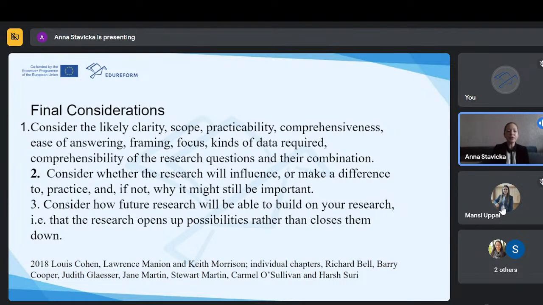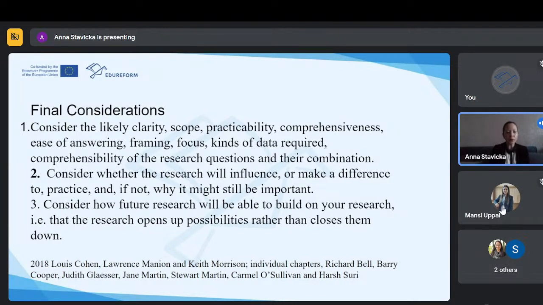Consider whether the research will influence or make a difference to practice, and if not, why it might still be important. So, for instance, if you see that it doesn't make a difference, you need to substantiate your viewpoint, why it's still worth attention, and why you have to resolve or review your research project focusing on those points.